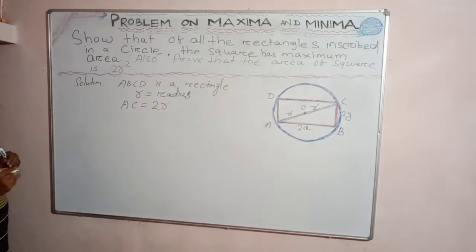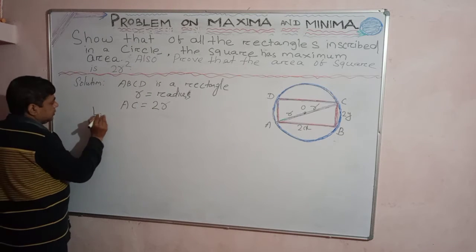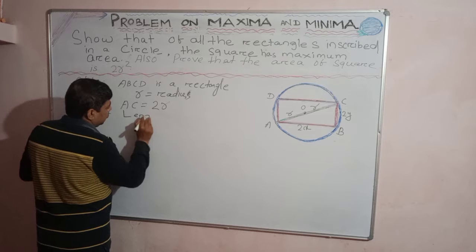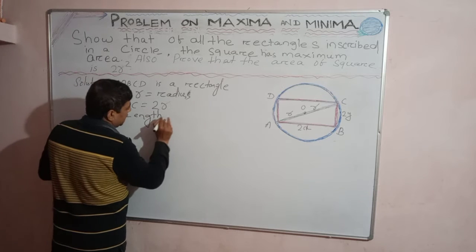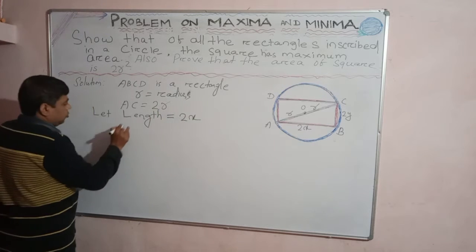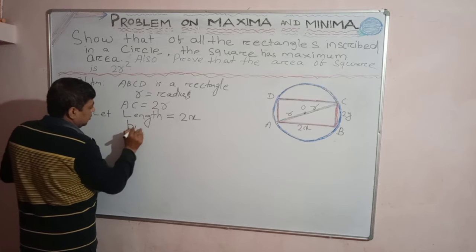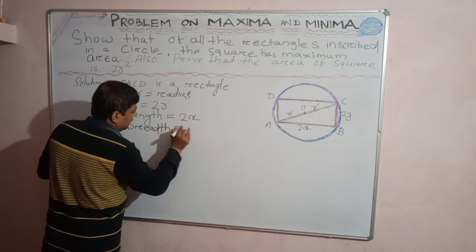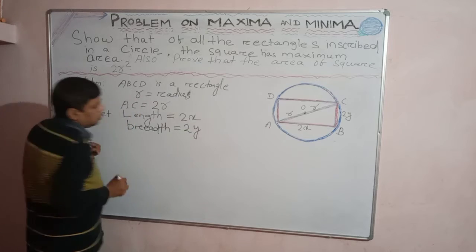Right? So let the length of the rectangle be 2x, and the breadth of the rectangle be 2y. Is it clear?